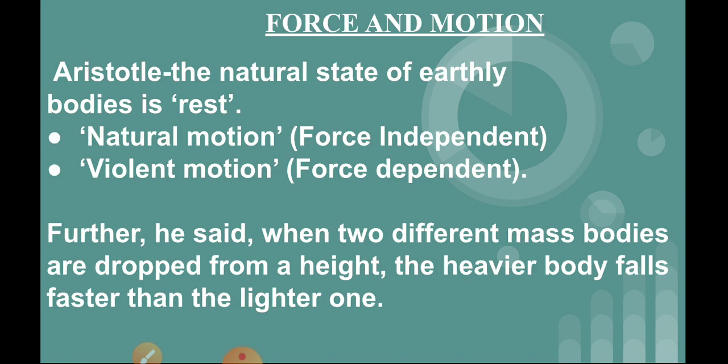Just take one light ball, like plastic, and one heavy ball, like rubber, and drop both simultaneously from a height. The heavy ball reaches the ground faster than the lighter one. This is what Aristotle is saying about force.